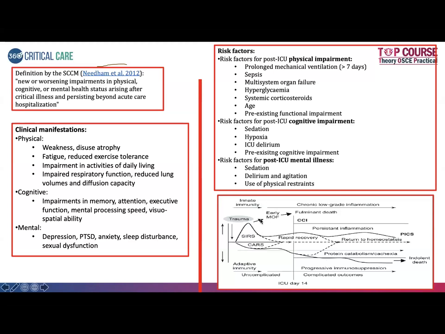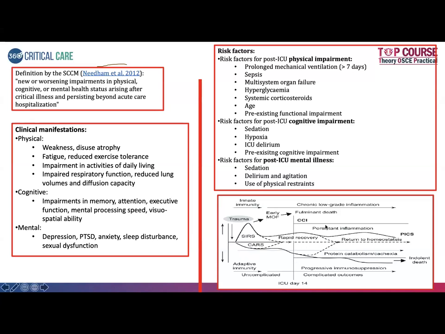If the SIRS response is overwhelming, there will be multi-organ failure and fulminant death. But if these two responses resolve completely, there can be a rapid recovery. But most patients, especially those with a prolonged stay, have a prolonged inflammatory state, a state of persistent inflammation and persistent compensatory anti-inflammatory response that goes on for days to months.